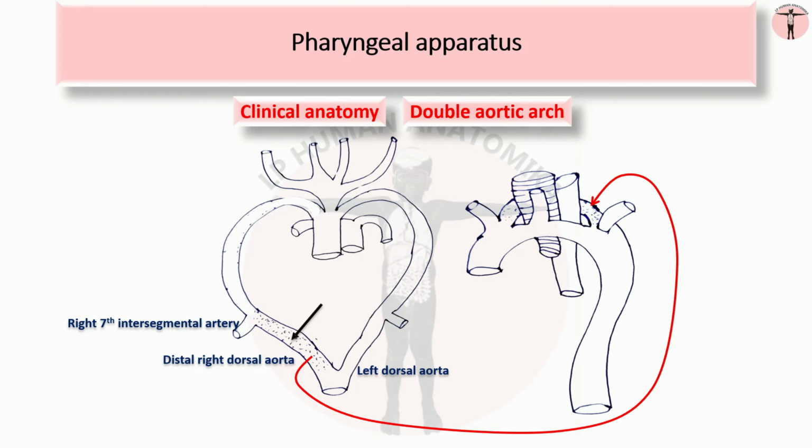The left aortic arch passes anterior to and the right aortic arch passes posterior to the esophagus and the trachea. So, a vascular ring is formed and surrounds the trachea and esophagus and commonly compresses these structures, causing difficulties in breathing and swallowing.